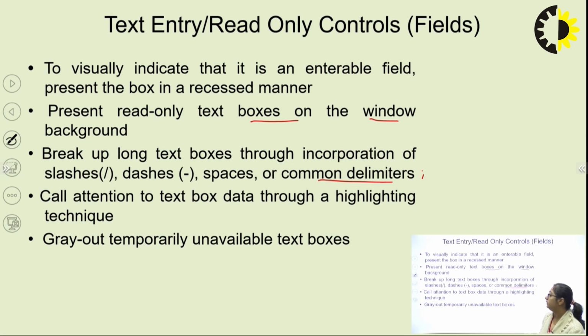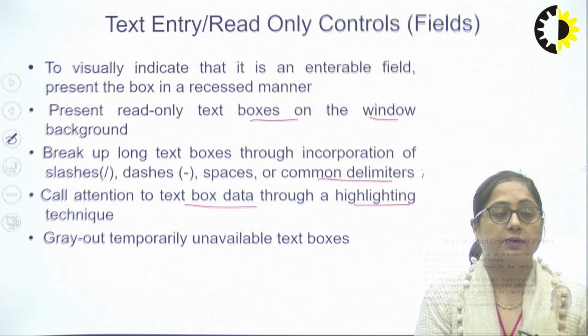Call attention to text box data through highlighting techniques. Suppose you want to enter a sign in, a name, or phone numbers; we basically use call attention to enter the phone number.